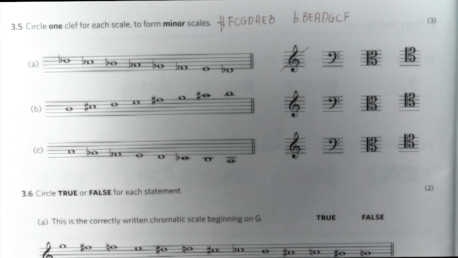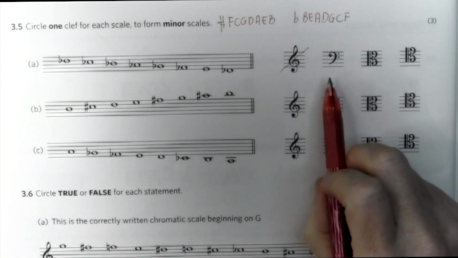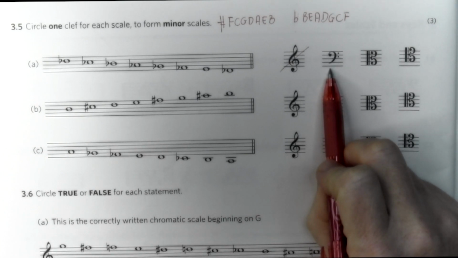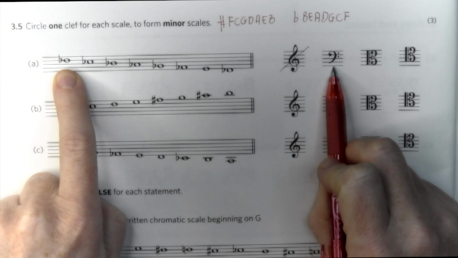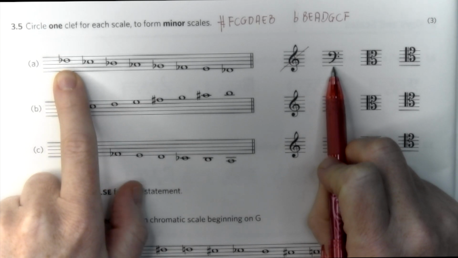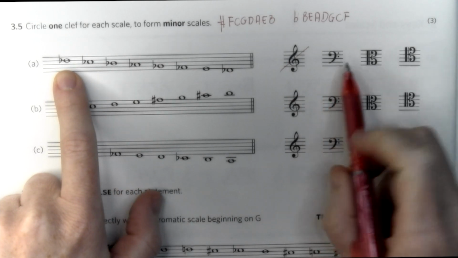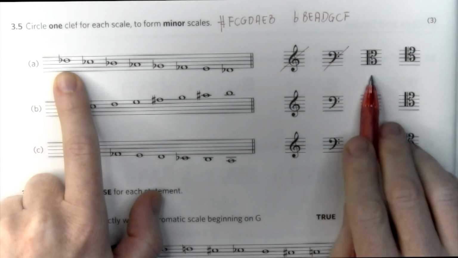So we can exclude the treble clef. Similarly, we have a supposed F flat in the bass clef, but F flat minor doesn't exist because that would be the relative minor of A double flat major. It doesn't make any sense. Goodbye.